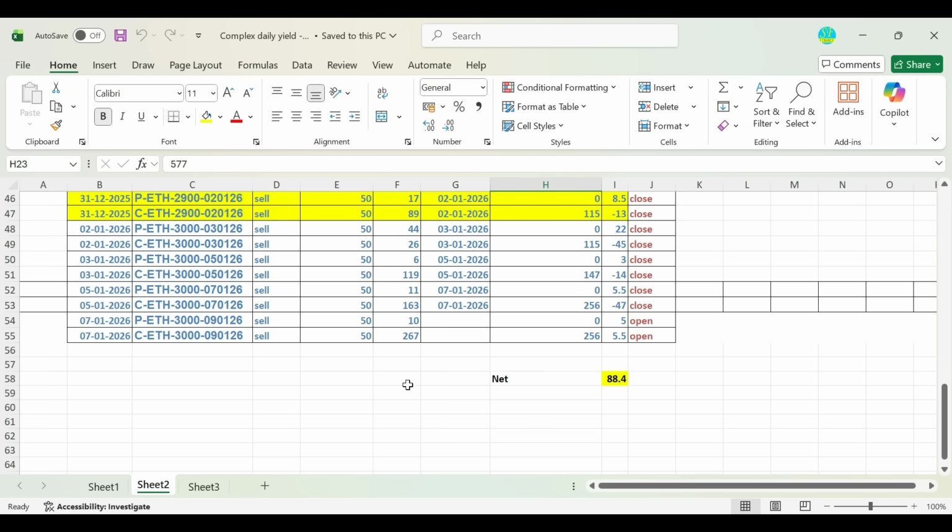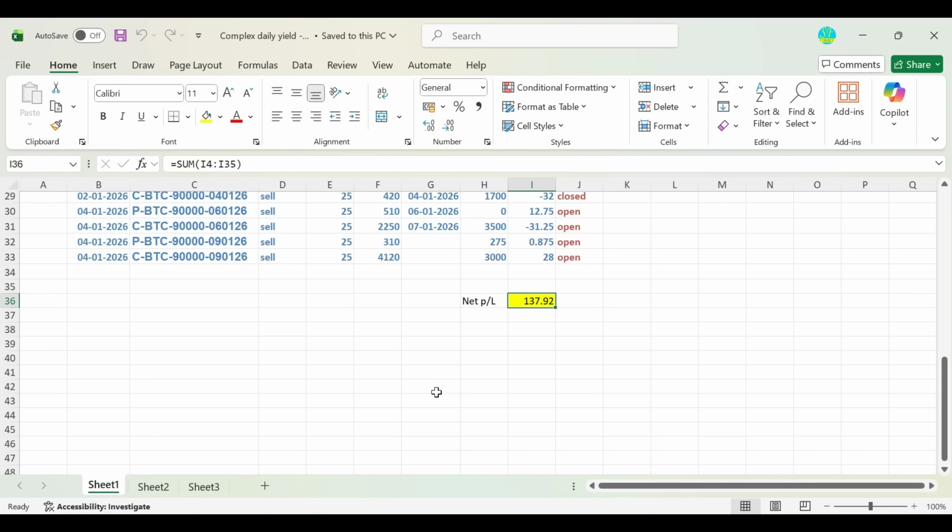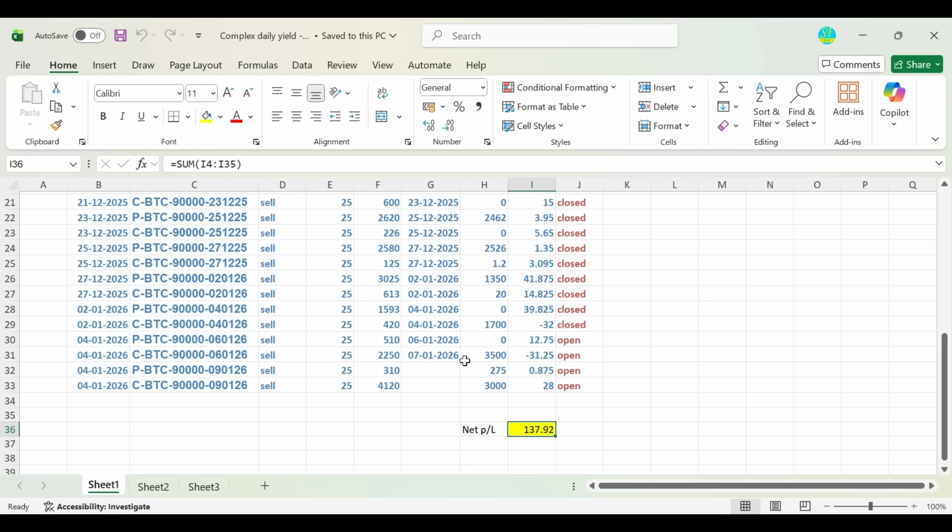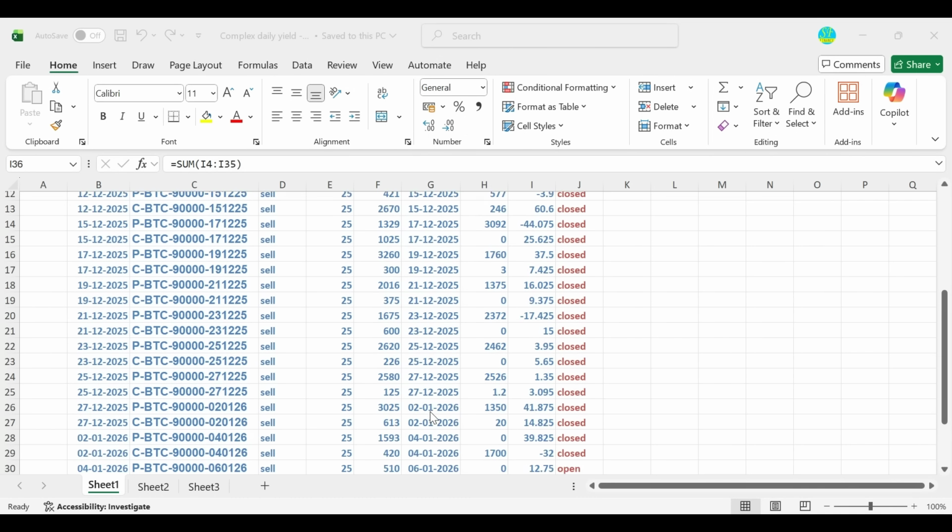ETH also we followed, and it has given a very good return. If you compare the number of lots taken and the money involved with the return, it is phenomenally great. Out of that you can take 20 to 25% as the expenditure which has already happened. These are the benefits of this strategy.